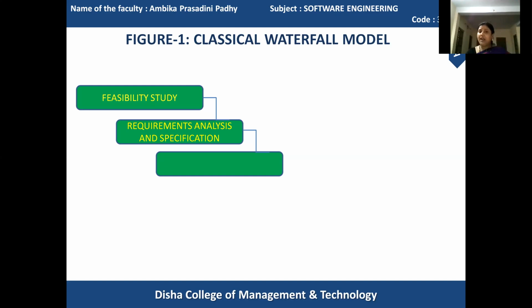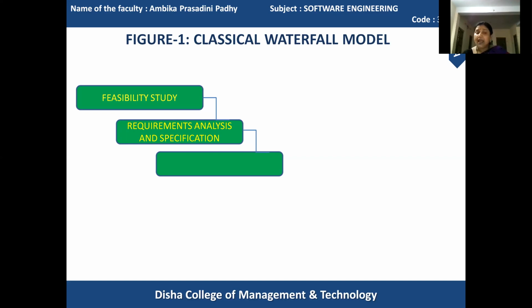The real requirements are put into a document in the requirement analysis and specification phase, as it was in the SDLC, the software development life cycle. You will analyze the information very well and go on to prepare the SRS document.